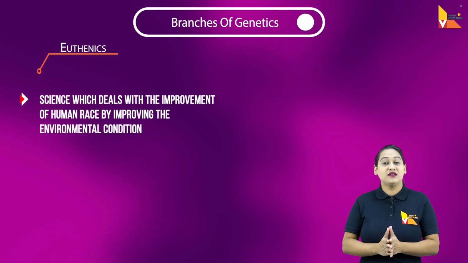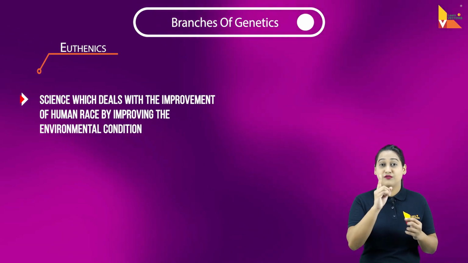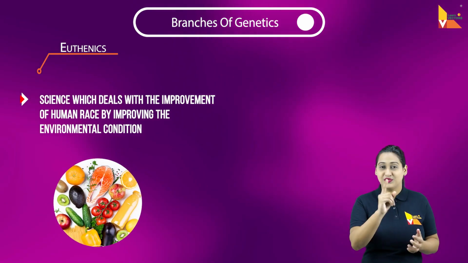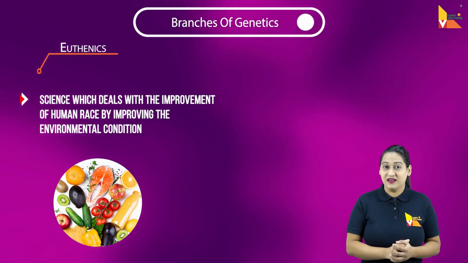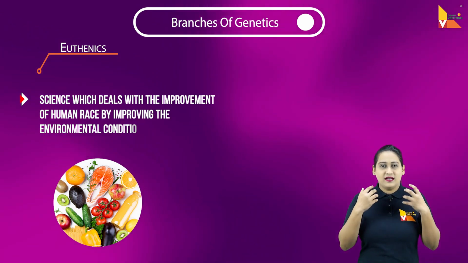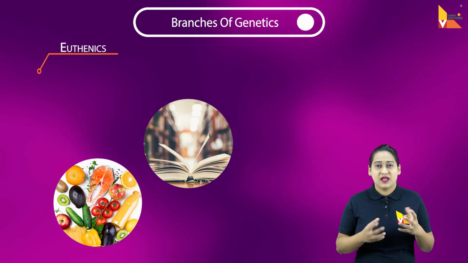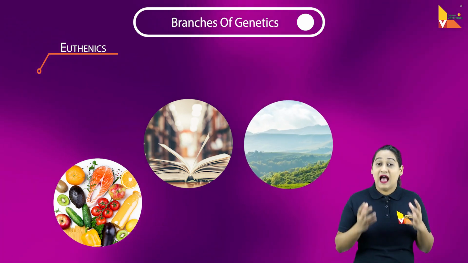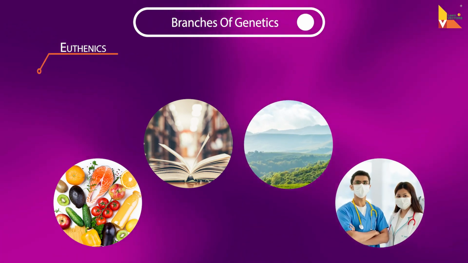And this environmental condition can be what? The first one, food, nutrition, right? Then providing education, unpolluted air and medical facilities so that the people can live their life healthily.